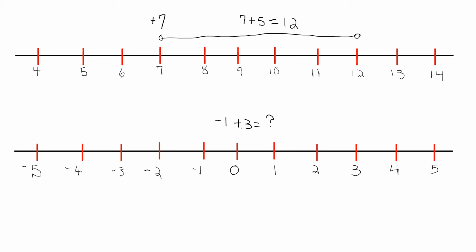So we start off at -1 plus 3: 1, 2, 3. So -1 plus 3 will give us a +2. -1 plus 3 gives us this +2 right here.